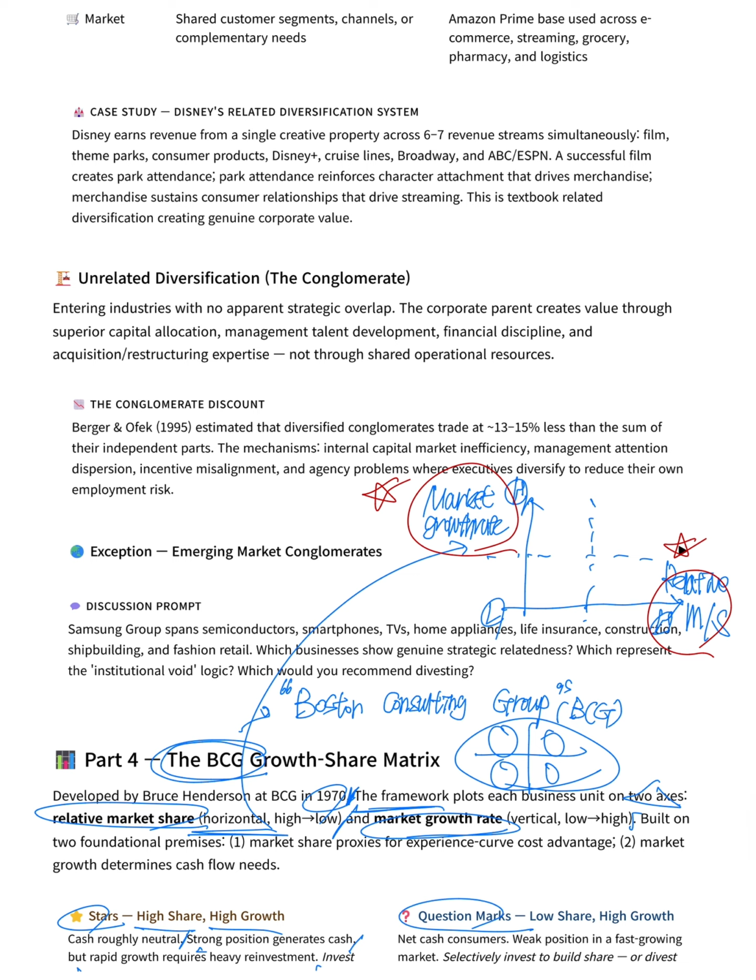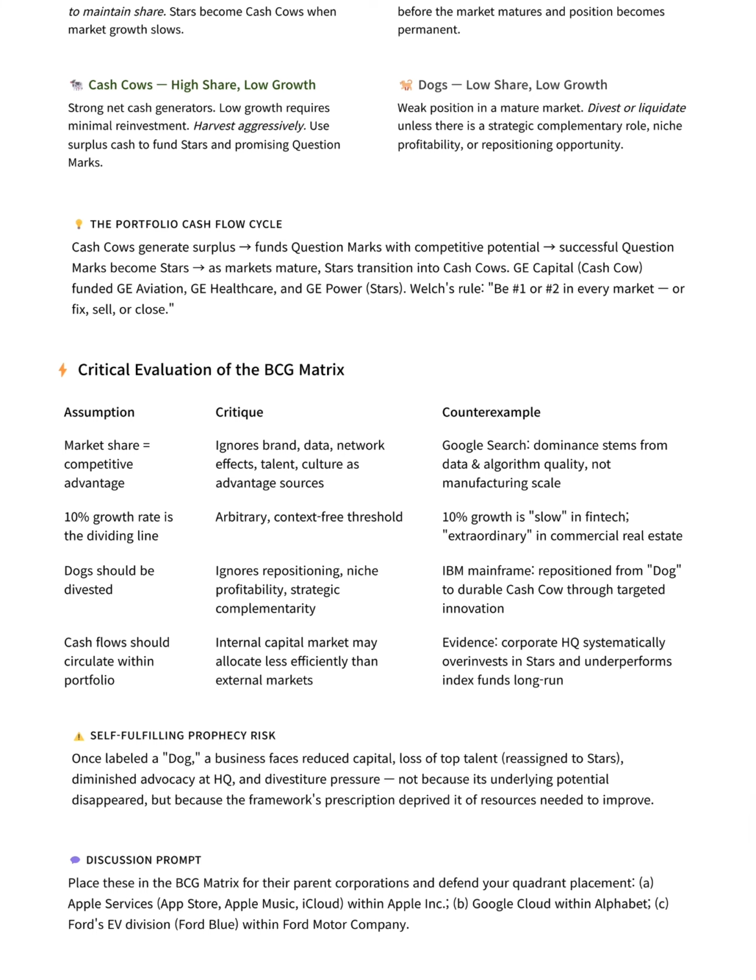Then question mark, low share, high growth: net cash consumers, a weak position in a fast-growing market. Selectively invest to build share. And cash cow, high share, low growth, a strong net cash generator. Low growth requires minimal reinvestment, so harvest aggressively and use surplus cash to fund stars or promising question marks. And the dogs, at the bottom, are low share, low growth as well.